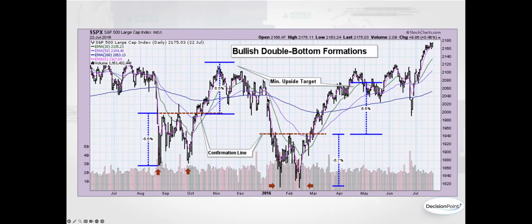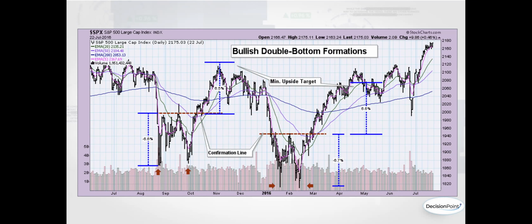The bullish double bottoms, these are probably the easiest ones to identify. They look like W's. And so the other nice thing about these formations is that you can calculate those targets on it. Not all patterns have upside targets, as you just saw with the falling wedge.